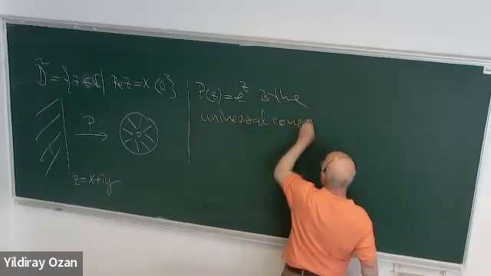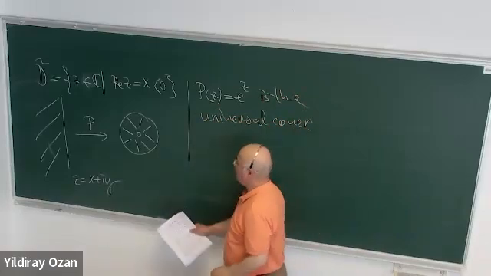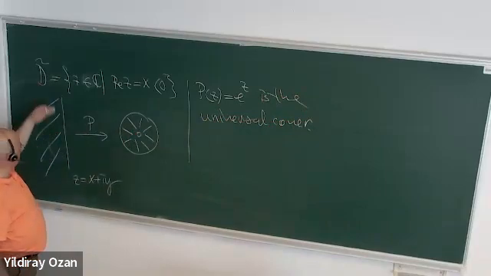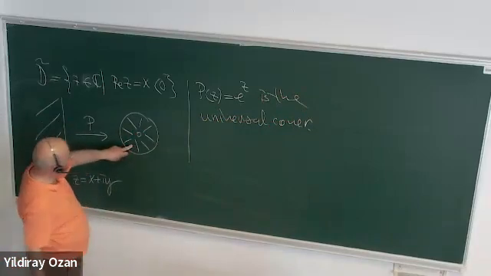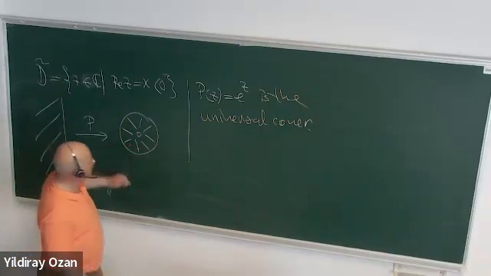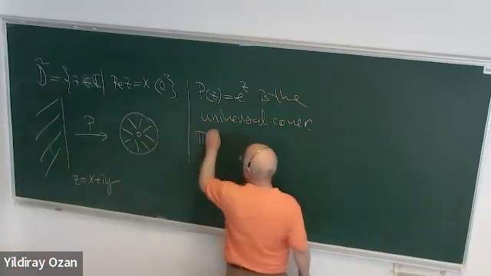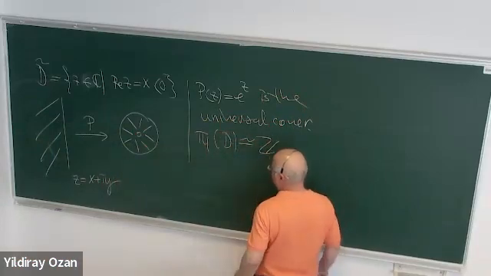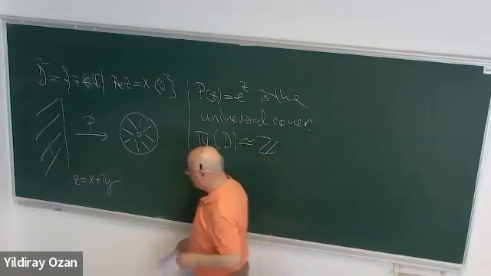Why is that? Because this is a covering map, and D tilde is clearly contractible. It is just a half plane, and the fundamental group here, pi1 of D, is isomorphic to Z. Therefore, this is an infinite fold covering.